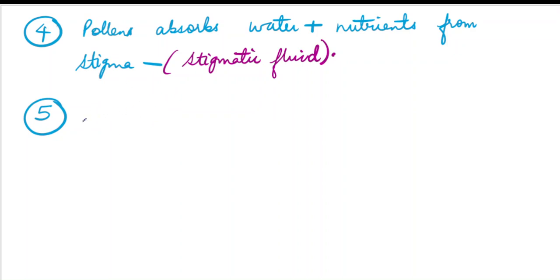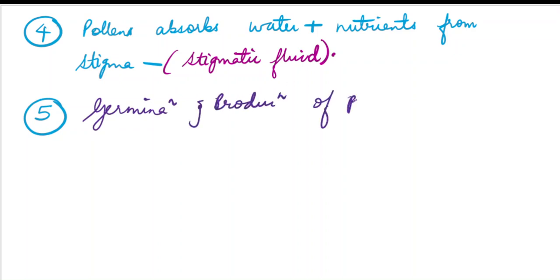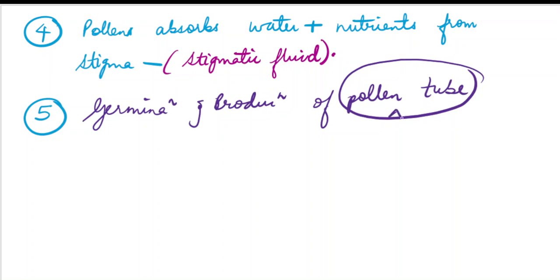What we will say is there will be a germination and production of pollen tube. And this pollen tube is produced by the vegetative cell.